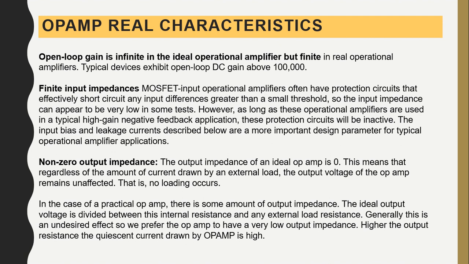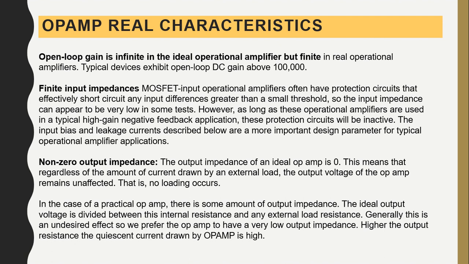Let's go to another parameter. Open loop gain is infinite in an ideal op-amp, but finite in real op-amps. Typically, it exhibits an open loop DC gain above 1 lakh. Another parameter is input impedance. It is also finite.